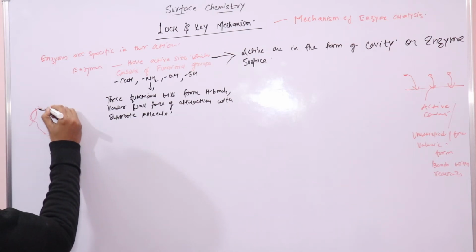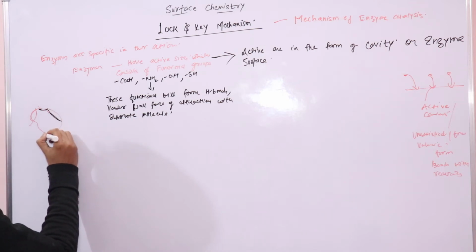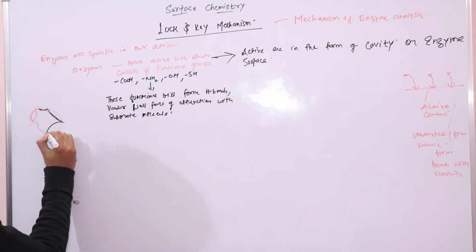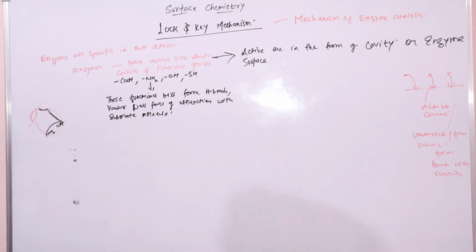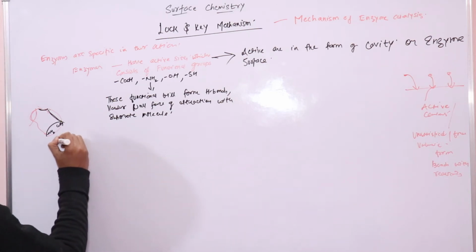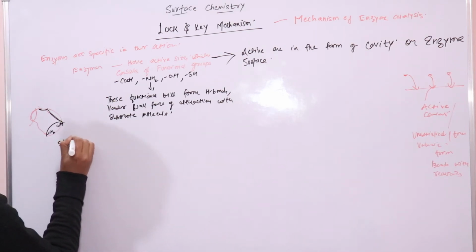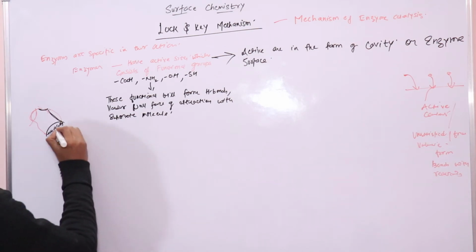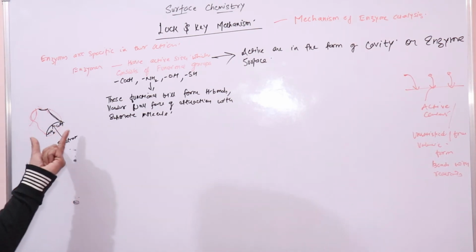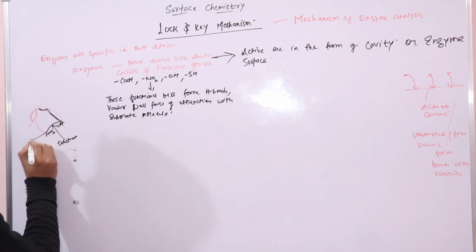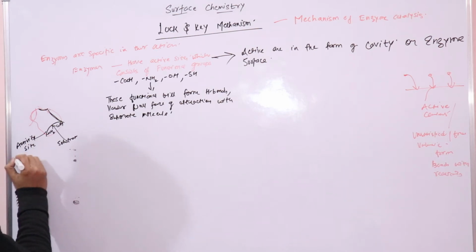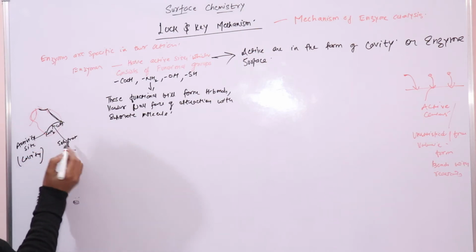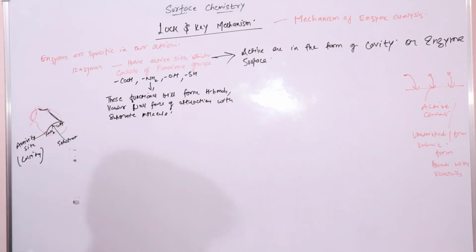It contains, say, an NH2 group and a COOH group. So what the substrate molecule will do is go and fit into this cavity, which is your active site, which is nothing but a cavity. So this substrate will fit into this cavity.